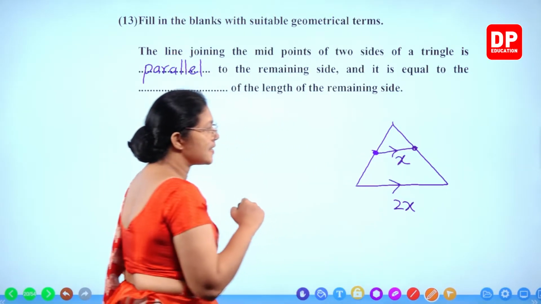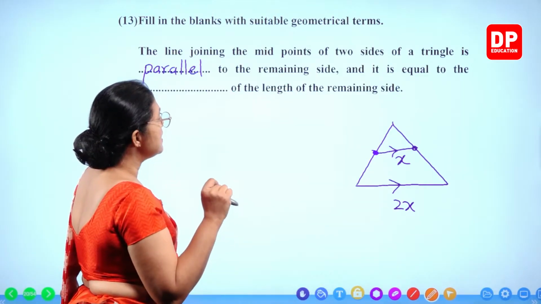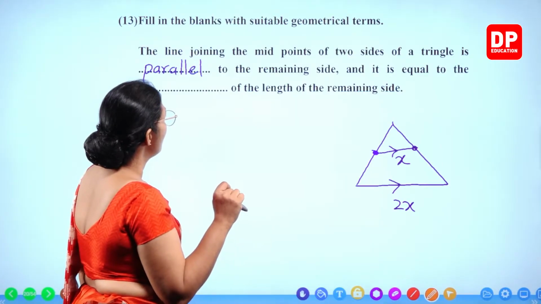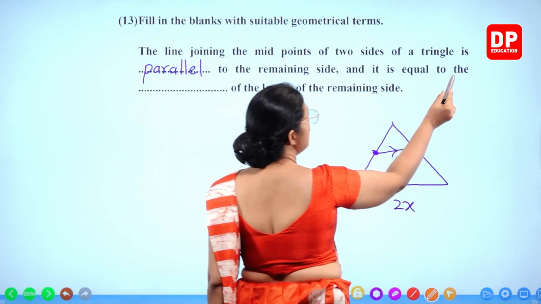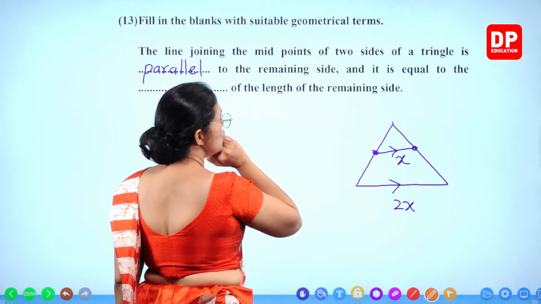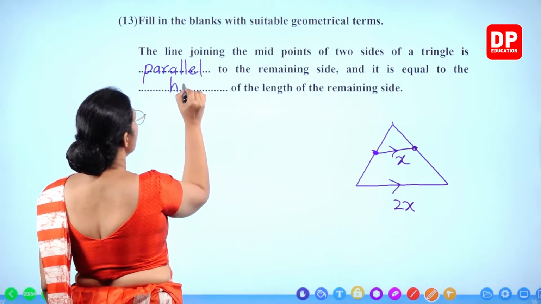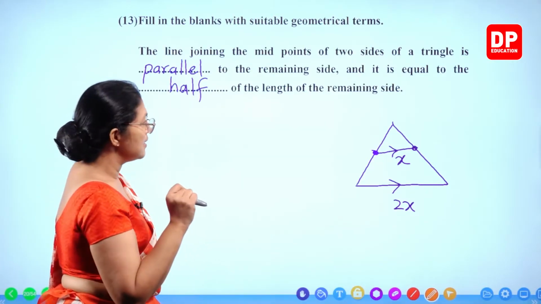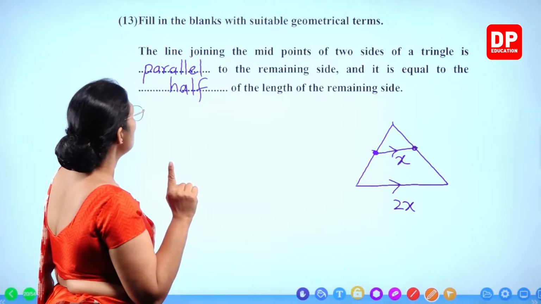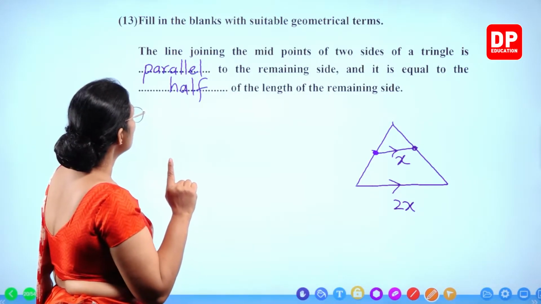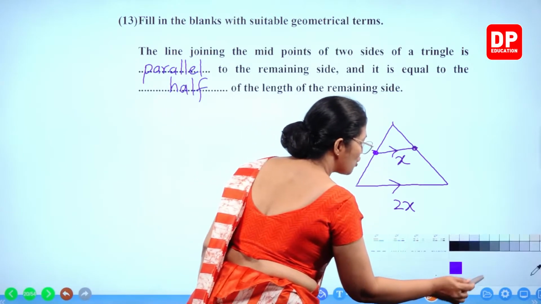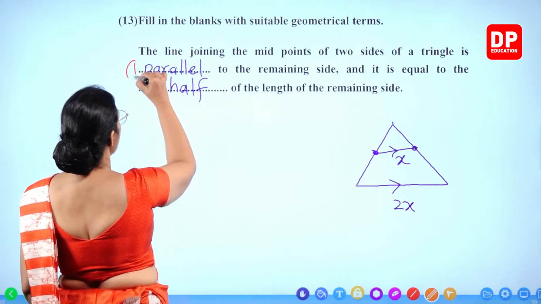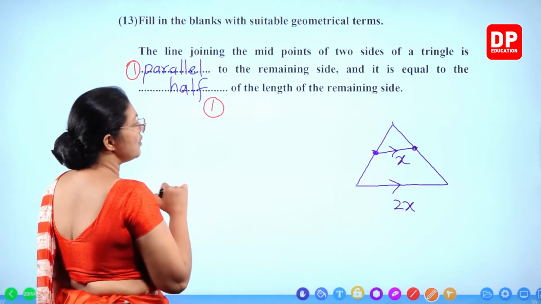So this becomes x. Here you don't need the word 'equal to': half of the length of the remaining side. So that's what we have to fill. So 2 words. You get 1 mark for each blank.